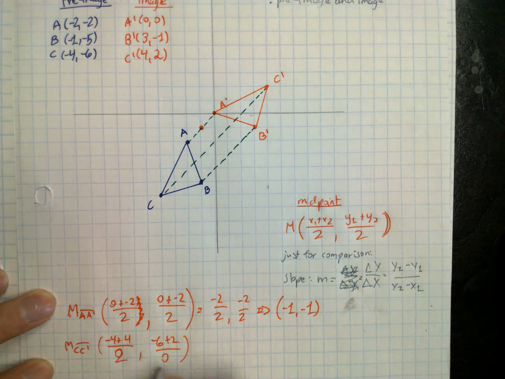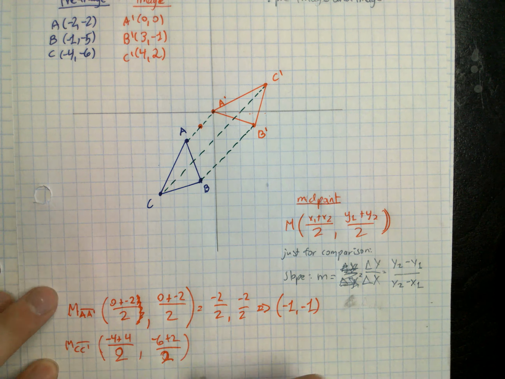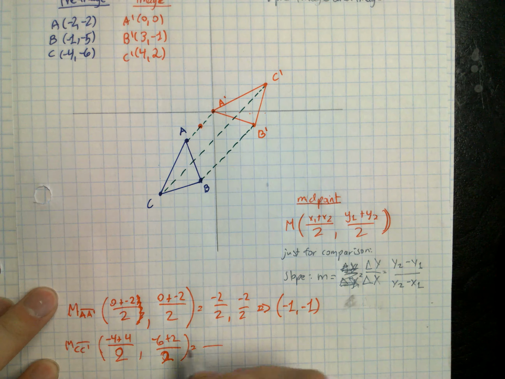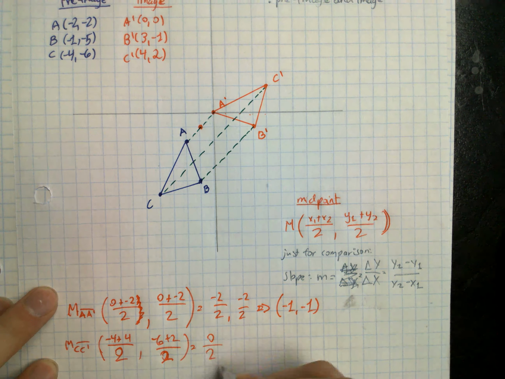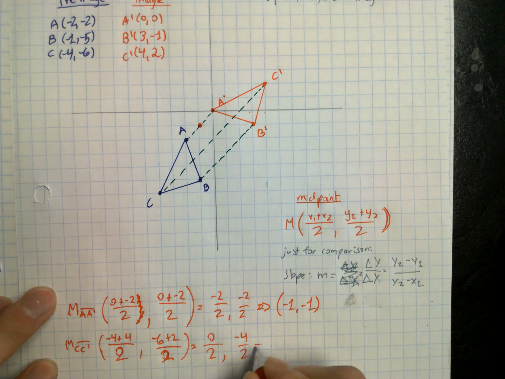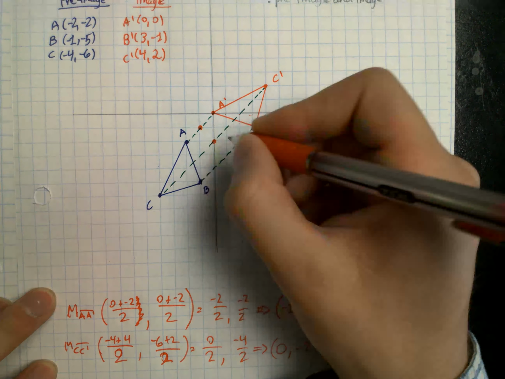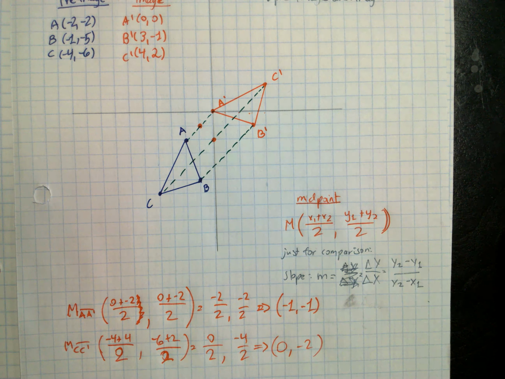How am I doing? Very hard. Clearly not eating enough at lunch. Okay? And that gives me 4 plus 4, that gives me 0, so that's going to give me essentially 0 over 2. Negative 6 plus 2 is going to give me negative 4 over 2, which gives me 0 and negative 2. It's right there. Look at that, they're lining up.